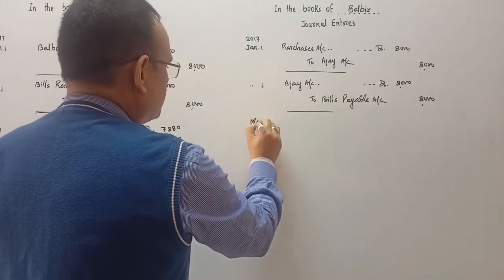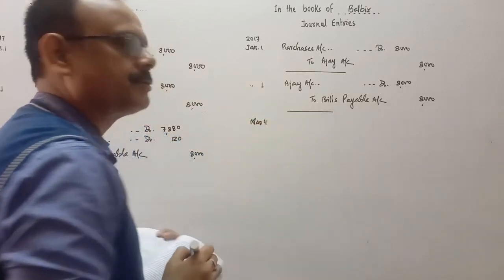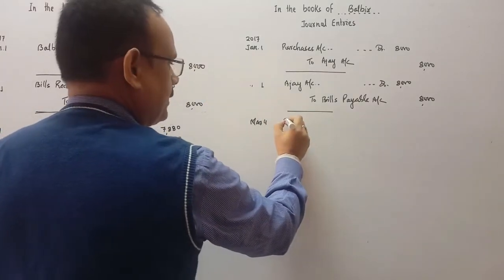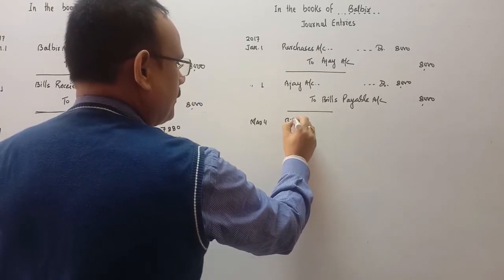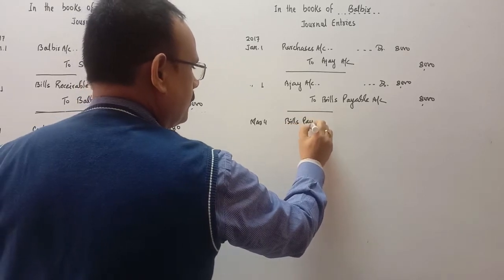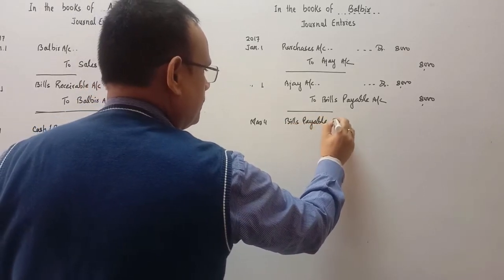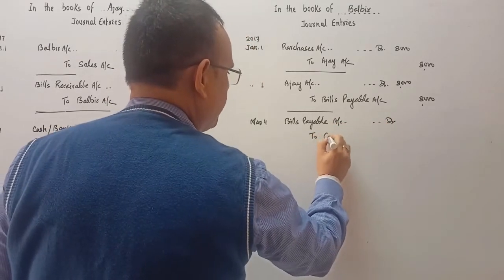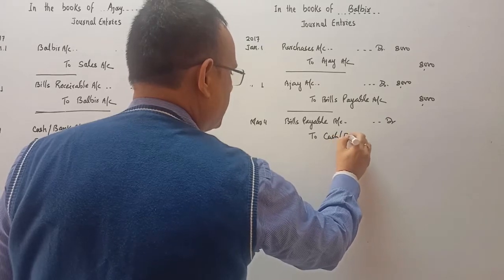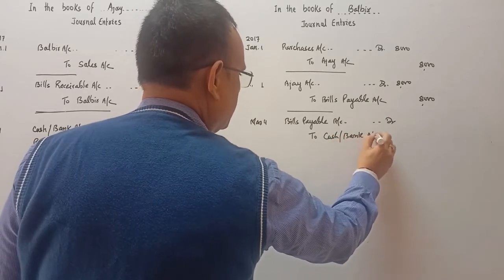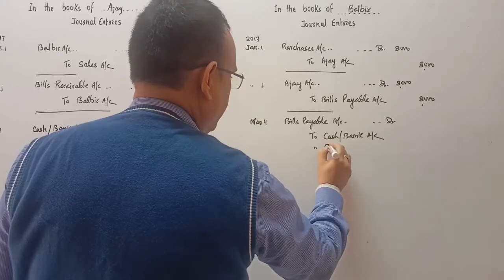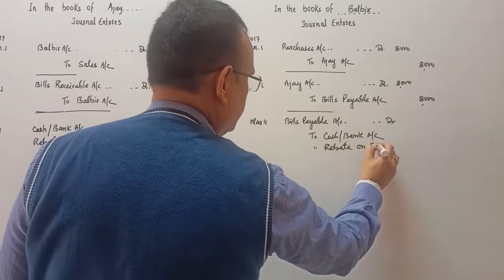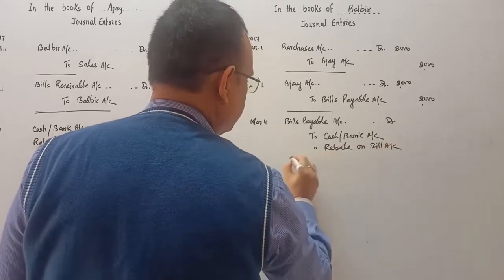On March 4, as he has paid the amount 1 month early to Ajay, he will do the entry: bills payable account debit. The bills payable comes into his hand, returned by Ajay. He will make the payment through cash account or bank account, to rebate on bill account, which will be credited.